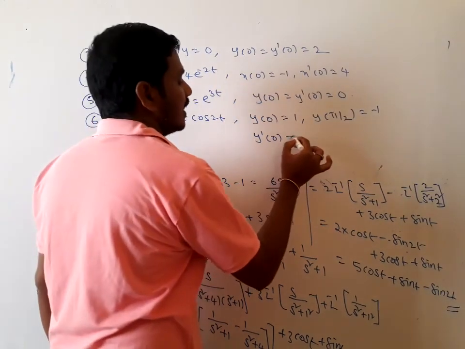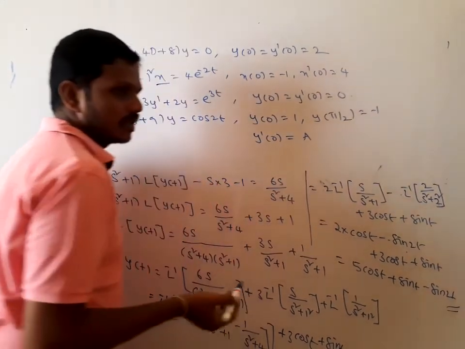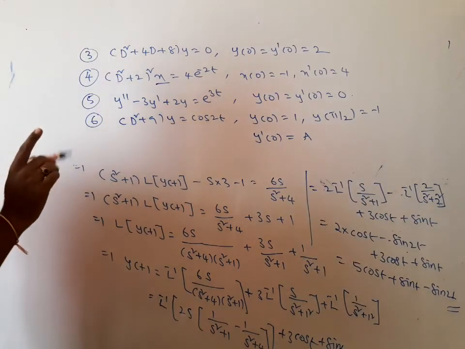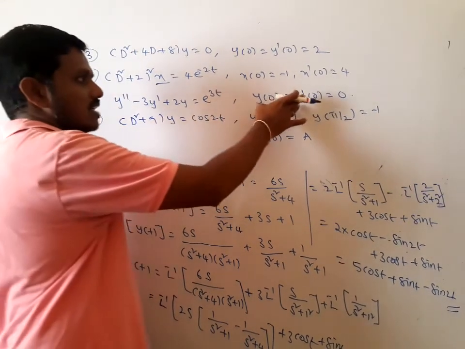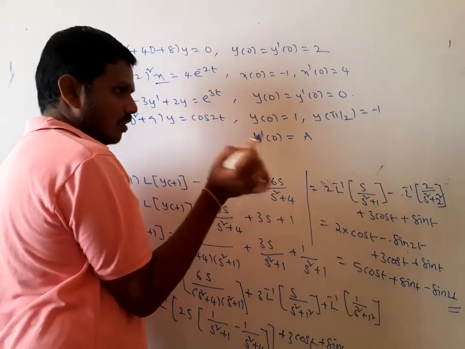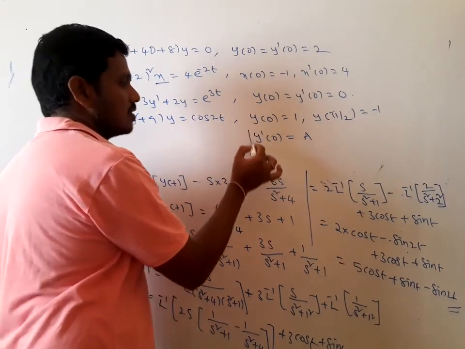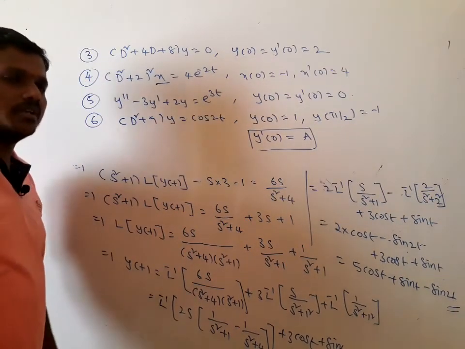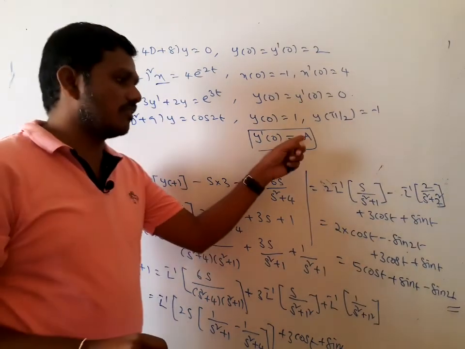Just take y dash of 0 as capital A. As in the previous problems, y dash of 0 is not given, y of pi by 2 is there. What you are going to do is let y dash of 0 be some constant, substitute it and continue the same problem, right? You will get the solution in terms of A.